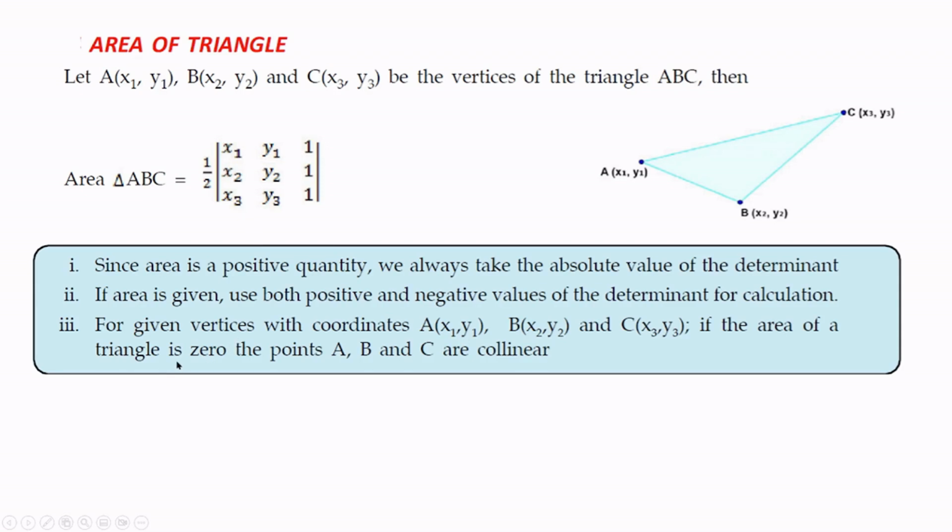Then if the area is given, we have to use both positive and negative values of the determinant for calculation. If this value is equal to 0, then A, B and C are collinear, that is, A, B and C lie on a straight line. So we say that if the area of the triangle is 0, then the 3 points A, B, C lie on a straight line. They are collinear.